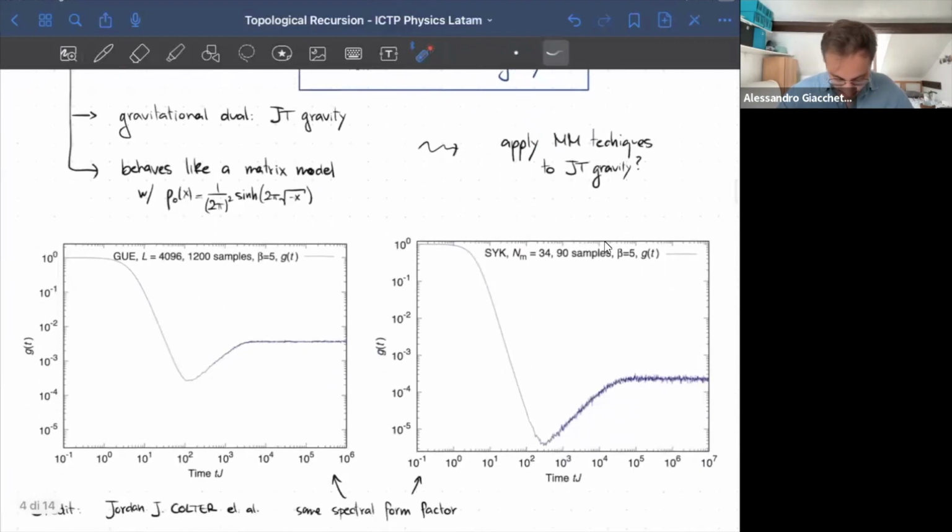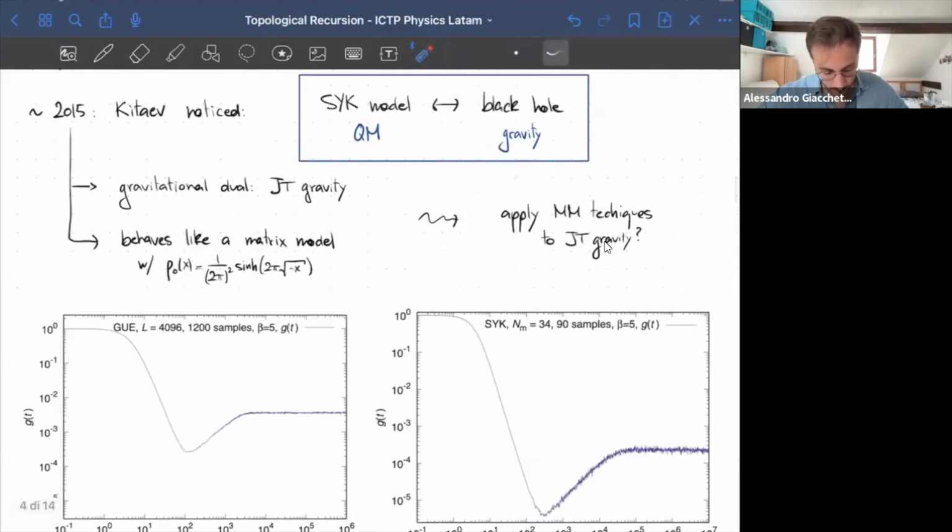And just to show you how close this SYK model is to a matrix model, here is a simulation taken from this paper of Cotler. On the left-hand side here, you have a simulation related to the GUE model. What is plotted here is not so important. It's something called the spectral form factor. And on the other hand, you have something coming from the SYK model.